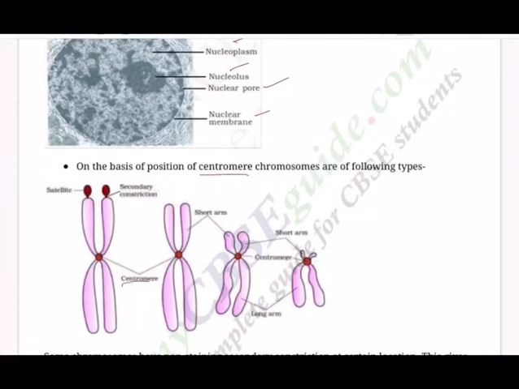Basically, centromeres consist of this round structure, just like a rudraksha. You just take a rudraksha bead, and through the center of the hole you insert two threads, and that would be similar to the chromosomes. So centromeres consist of a complex combination of proteins and DNA.